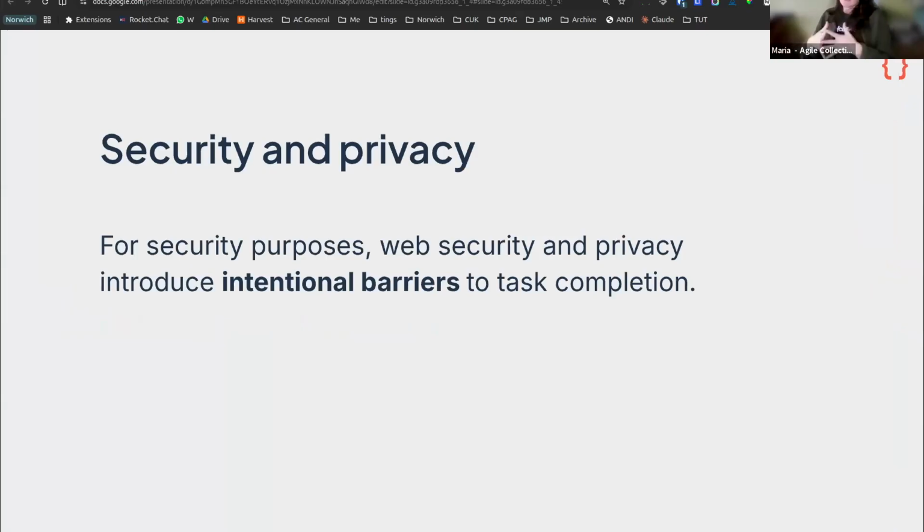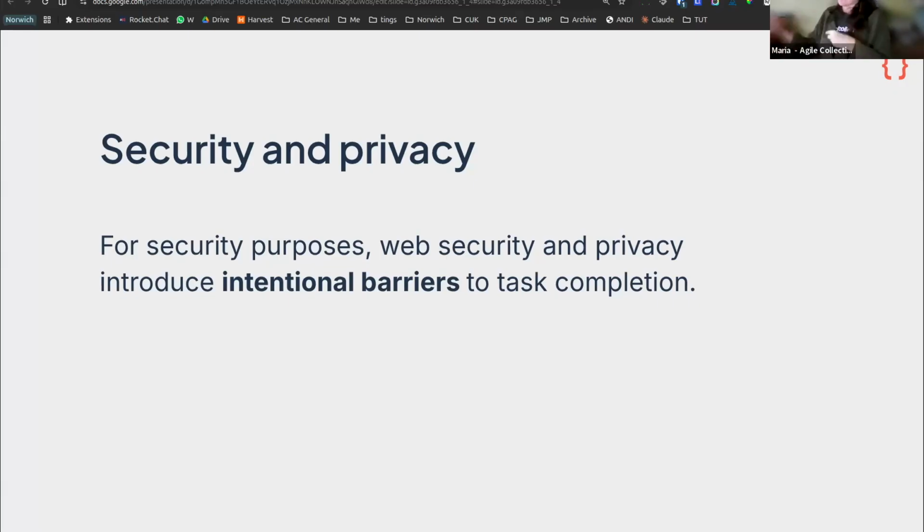But we do have a responsibility to make sure that security and privacy are respected, and we do need to put these intentional barriers in place in order to ensure security and privacy.